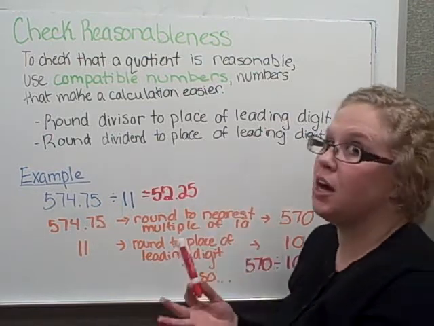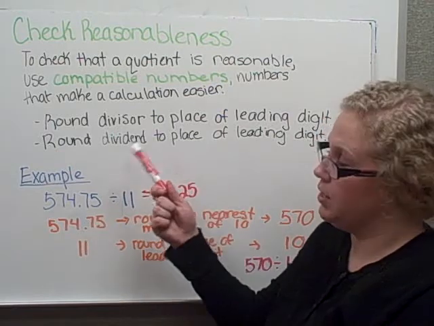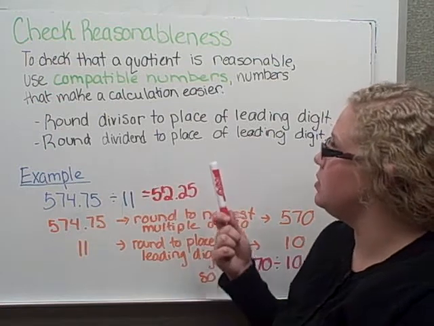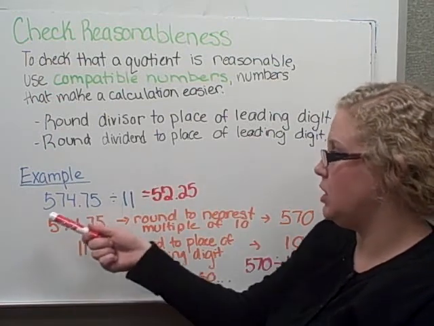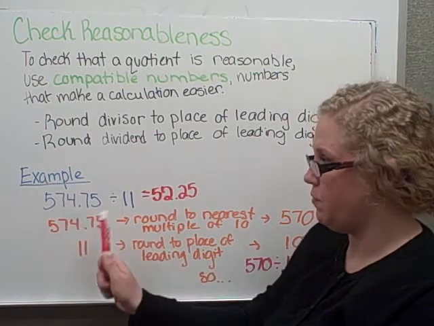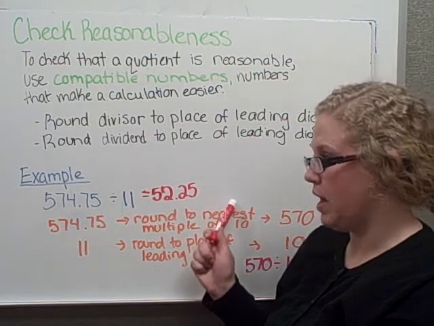Compatible numbers just make a calculation easier. So what we like to do is round the divisor and the dividend to places of leading digits. So we came up with 574.75 divided by 11 is 52.25.